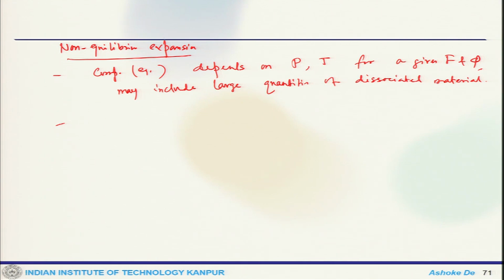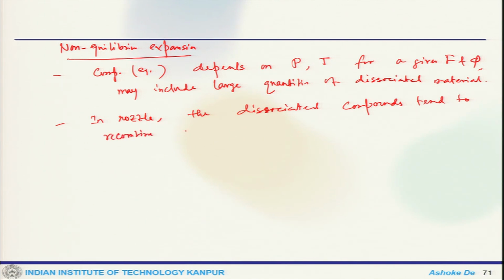Now, when you go to the exhaust nozzle, the dissociated compounds tend to recombine because of the temperature drop. So, in the nozzle, the dissociated compounds tend to recombine due to temperature drop.